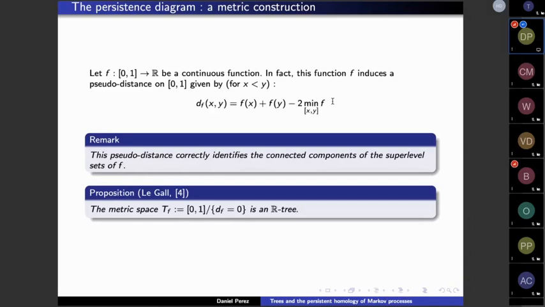Whenever I refer to persistent homology, I will always mean the persistent homology of the super level sets, as opposed to the conventional quantity in TDA, which is to look at the sublevel sets.